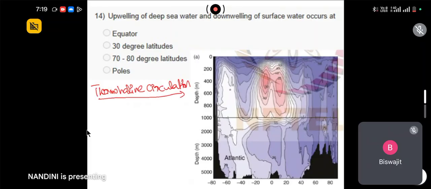Lighter water will rise and denser water will sink, like we talk about in the atmosphere. This happens with respect to depth, not along latitude like in the case of the surface current.